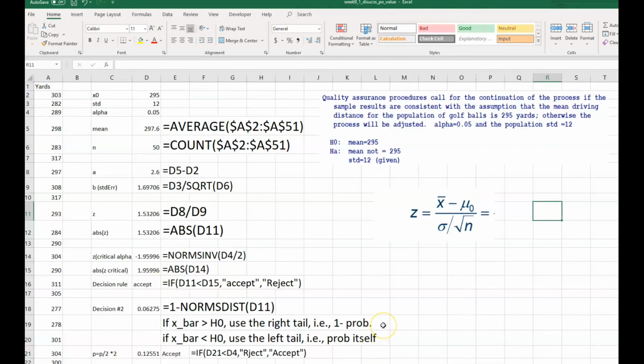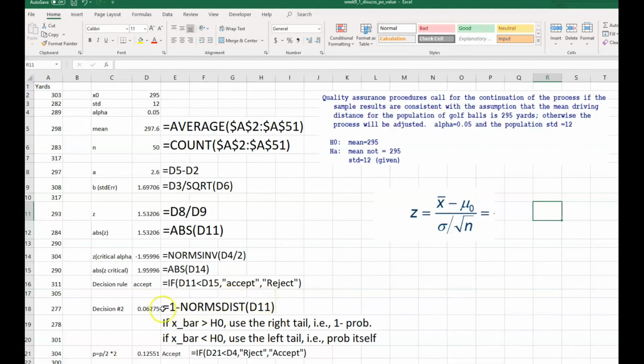When we apply the P-value rule, we calculate the P value. Because this x mean is higher than 295, we look at the right tail. To calculate the right tail, we have 1 minus the cumulative distribution.